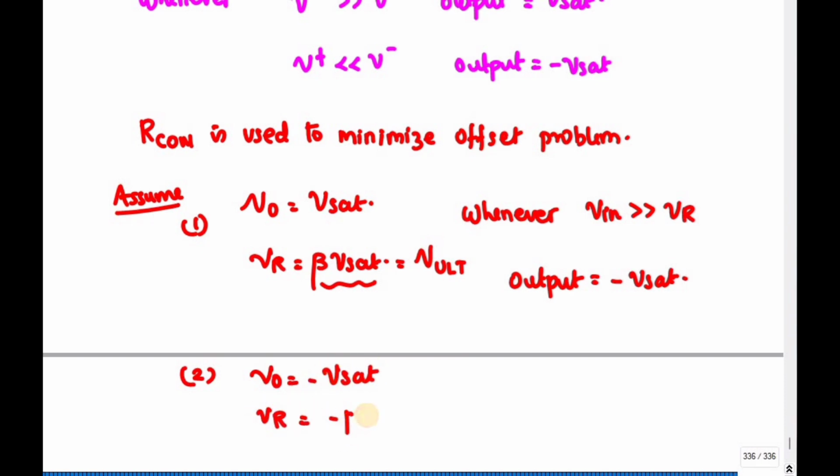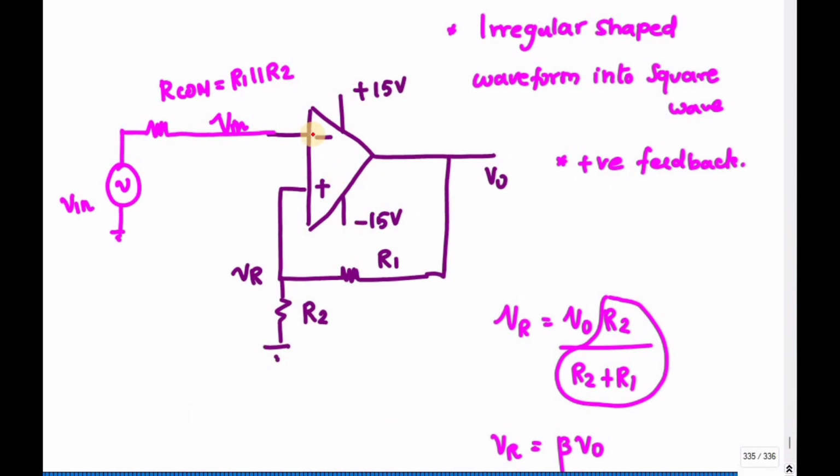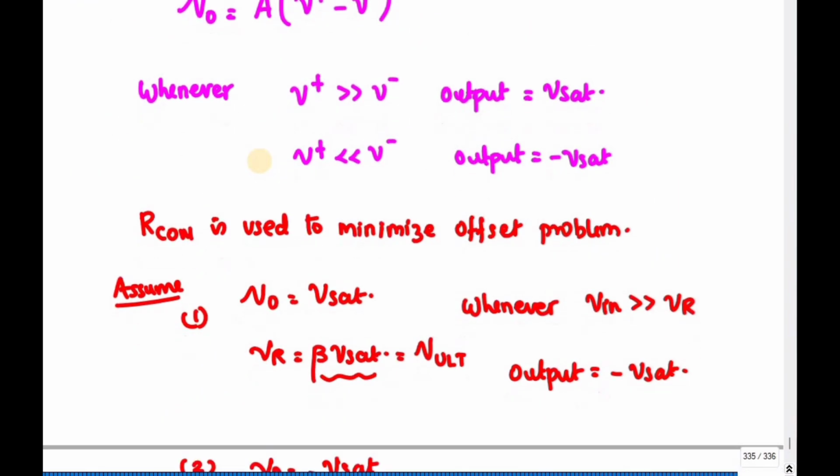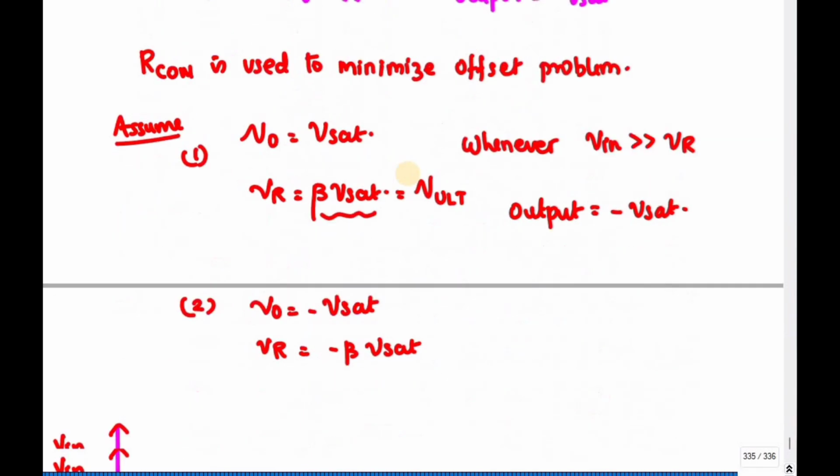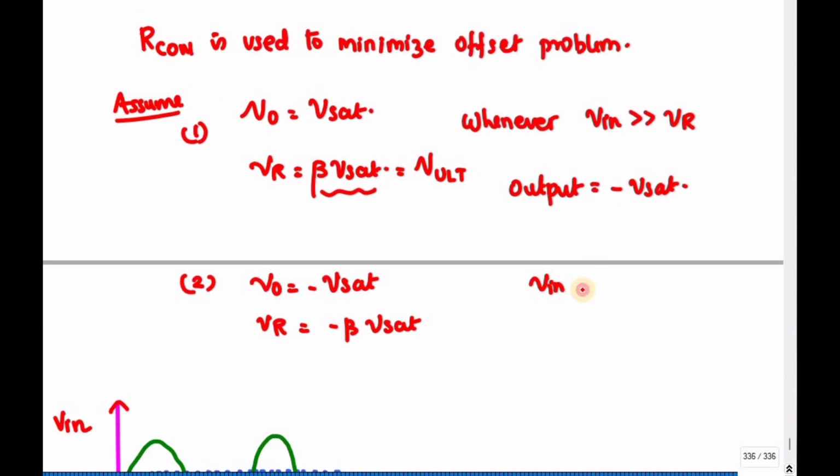VR is equal to minus beta V sat. Whenever the input voltage goes less than this minus beta V sat, that is, V plus is greater than V minus, the output goes to V sat.